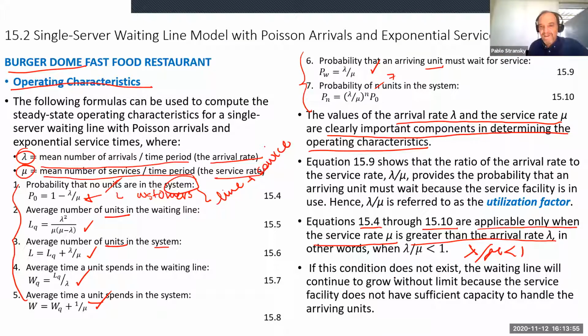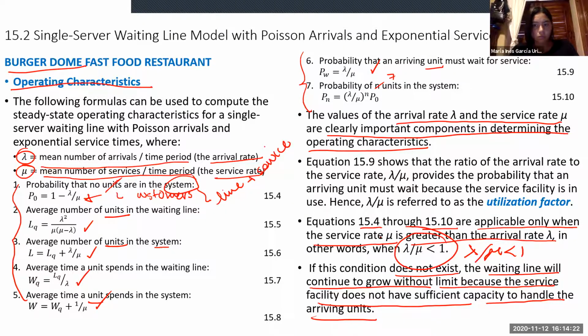Why? If this condition doesn't hold, the waiting line will continue to grow without limit because the service facility does not have enough capacity to handle the arriving units. More customers are arriving than the ones they're able to serve, okay? So this is one condition.